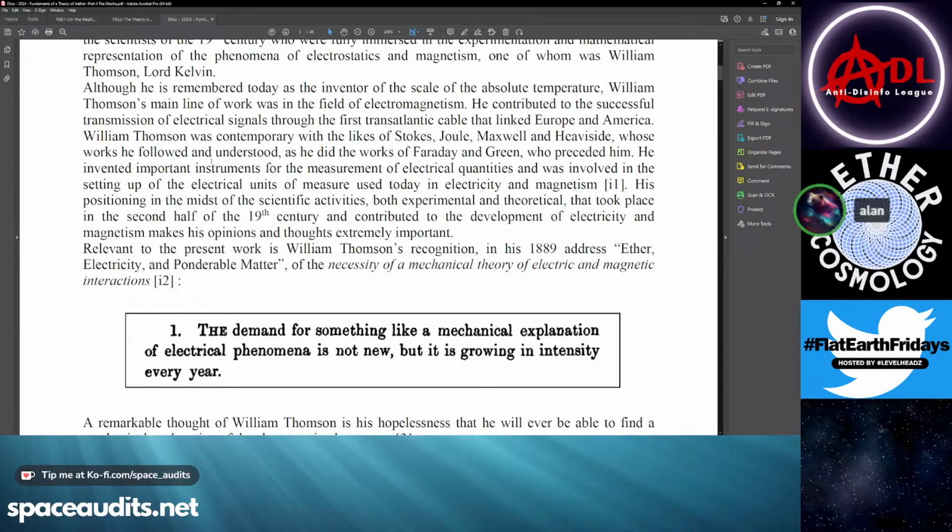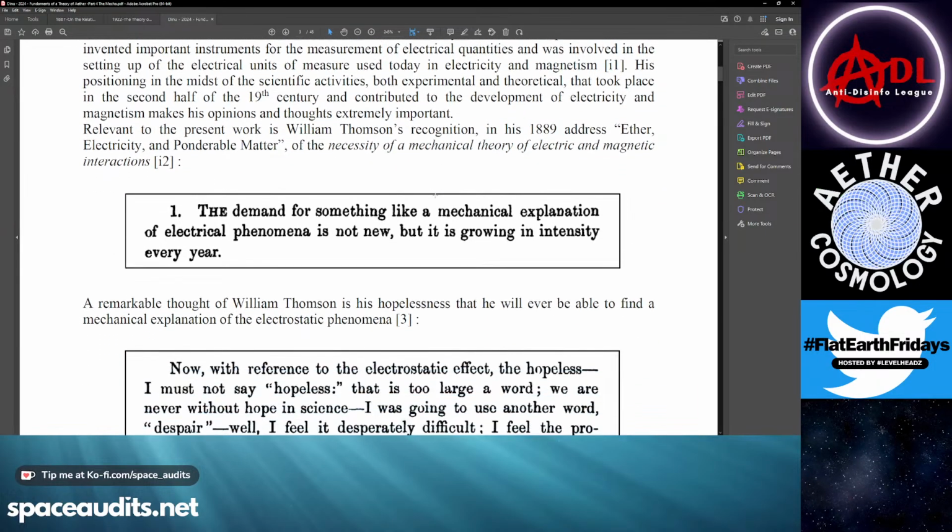He invented important instruments for the measurement of electrical quantities and was involved in the setting up of electrical units of measure used today in electricity and magnetism. His positioning in the midst of the scientific activities, both experimental and theoretical, that took place in the second half of the 19th century, which contributed to the development of electricity and magnetism, makes his opinions and thoughts extremely important.